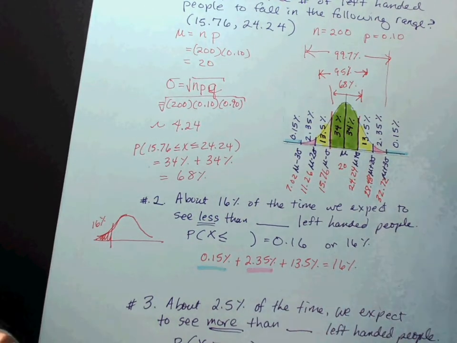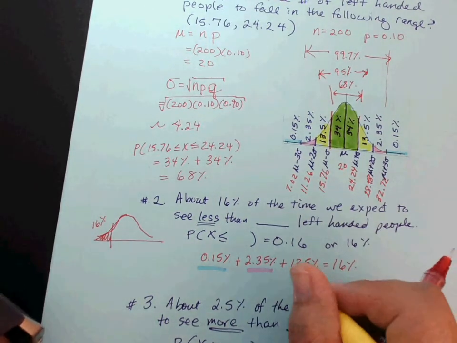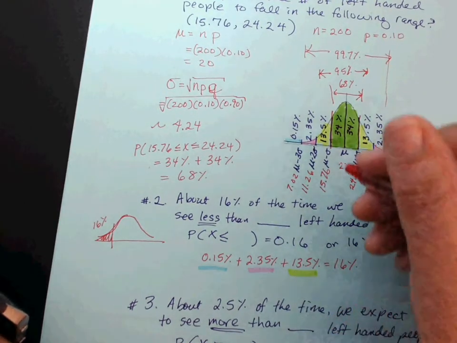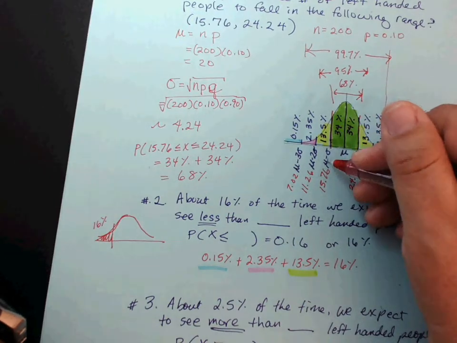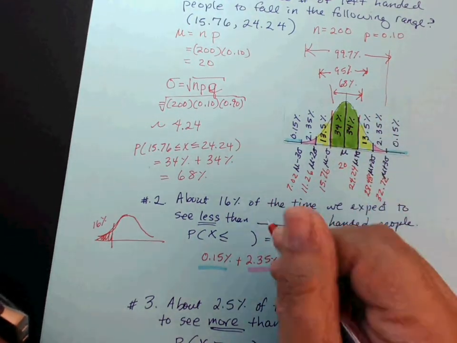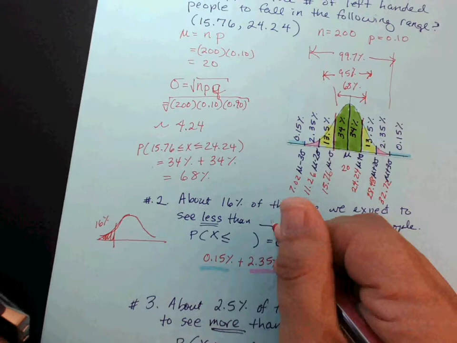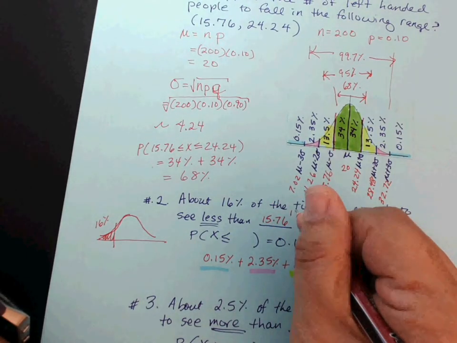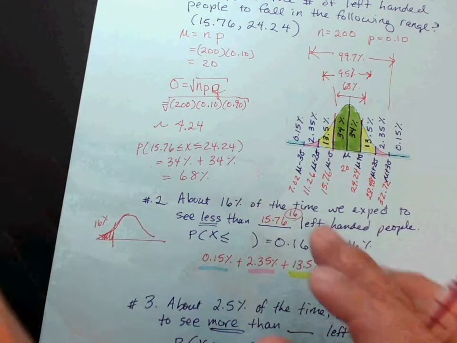That one is 16%. So when I add the blue, the pink, and the yellow areas on the left, I get 16%. So where's the number that marks that off? 15.76. So you could say probably 16 would be a good number right there. Just coincidentally, it matches the percent. That's not on purpose.